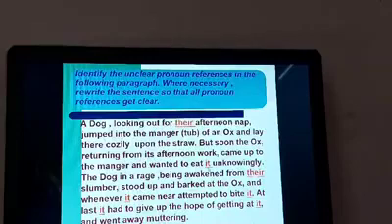Again, the "it" is confusing. It may mean the dog, or it may mean the manger itself, or it may mean the straw where the dog was sleeping. So "it" here is an unclear expression because it is indicating three things.